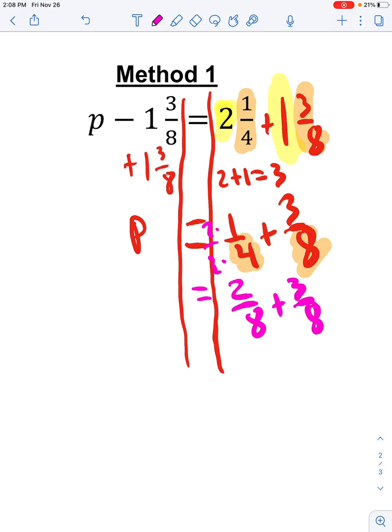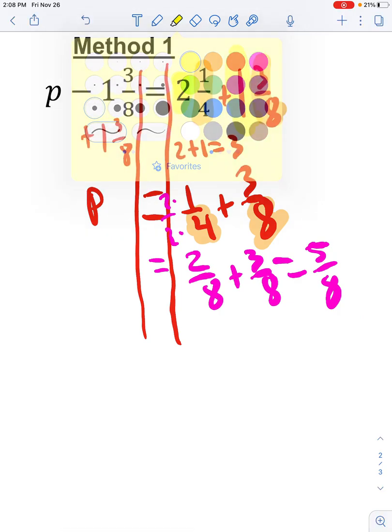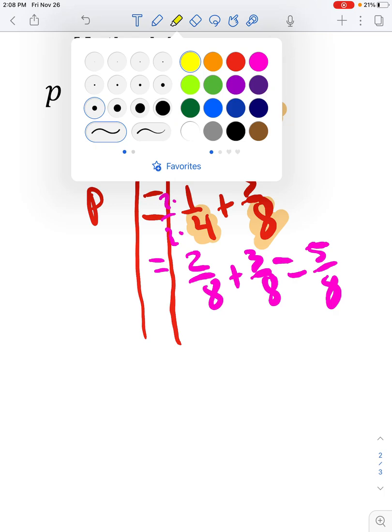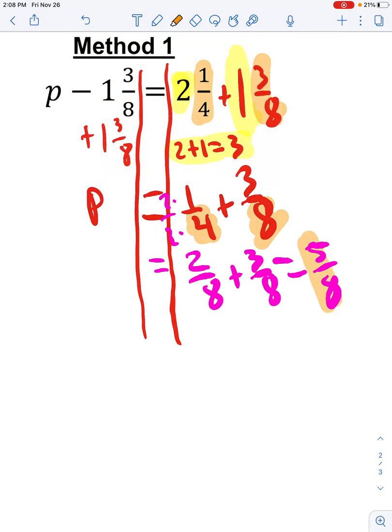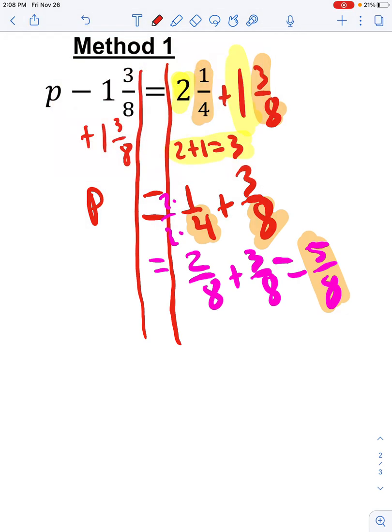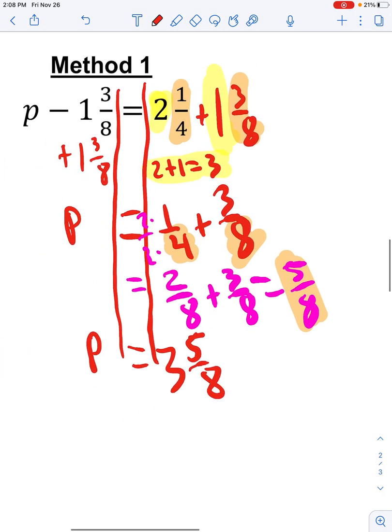So I get 2 over 8 plus 3 over 8, which equals 5/8. Now I combine the 3 with the 5/8, and my answer is 3 5/8.